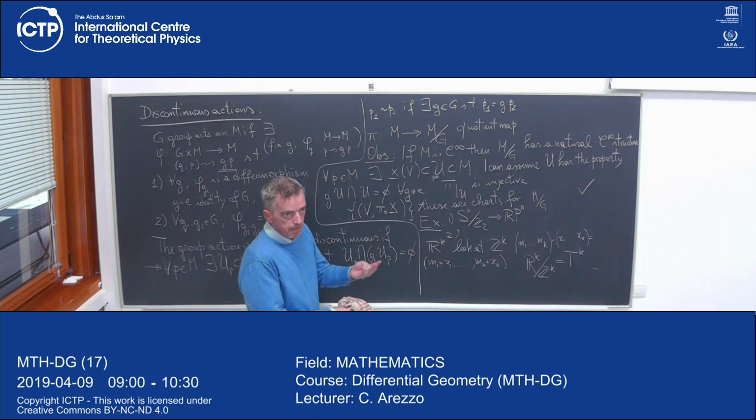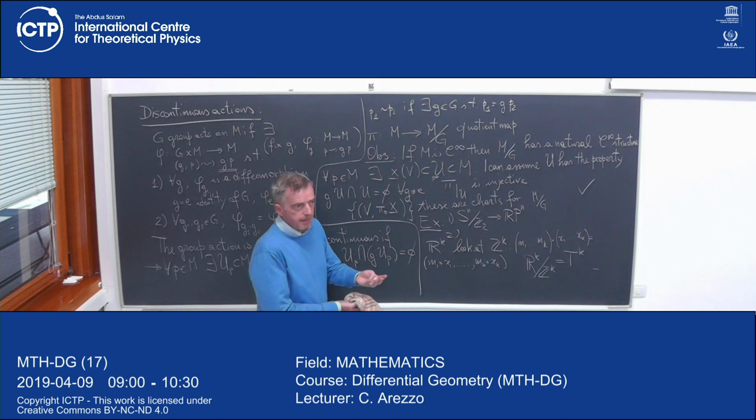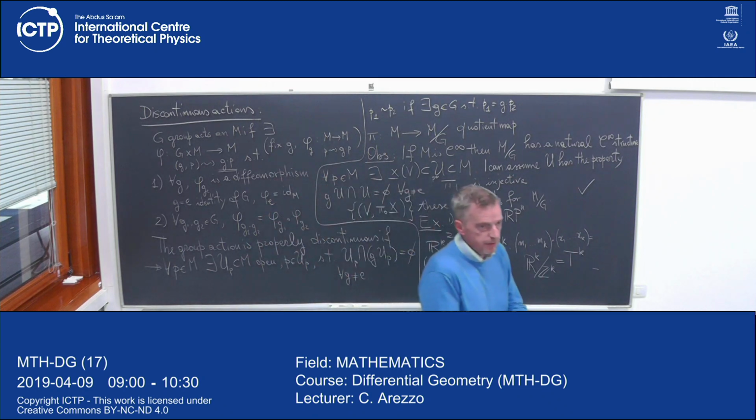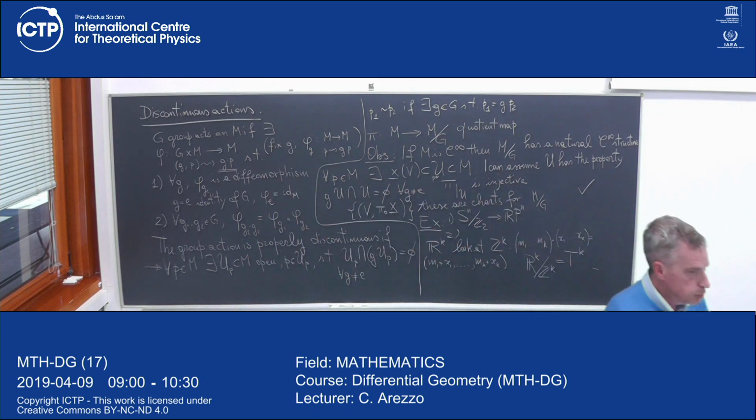For example, everything which came from the implicit function theorem. The implicit function theorem has nothing to do with R^2. It works in R^n. So for example, if you take a map from R^n to R^k, and you take a regular value, the inverse image of a regular value will be a differentiable manifold of the right dimension. But that's just the implicit function theorem.